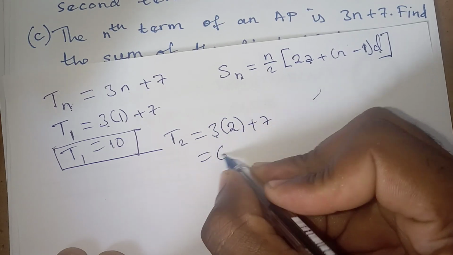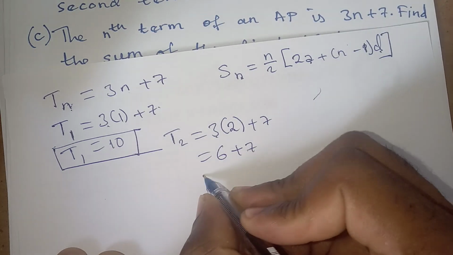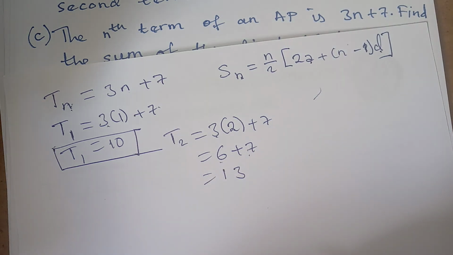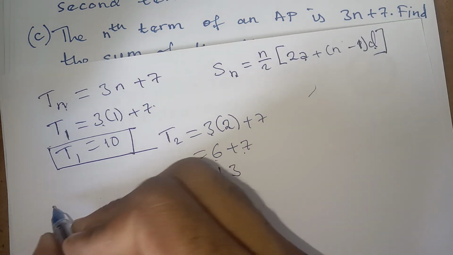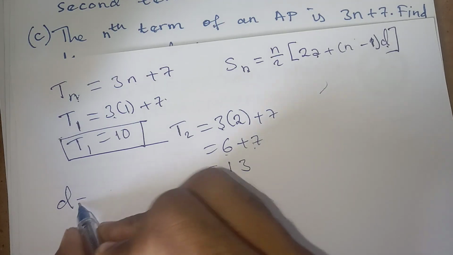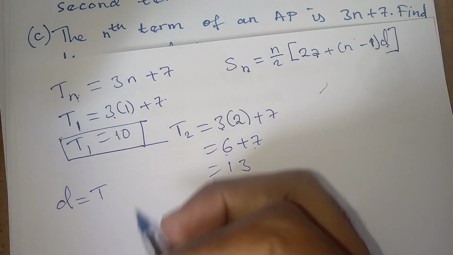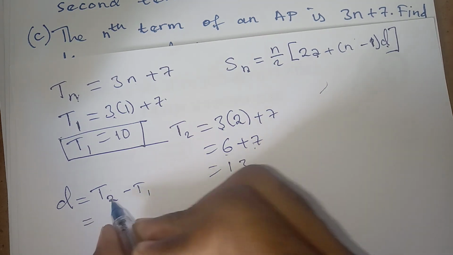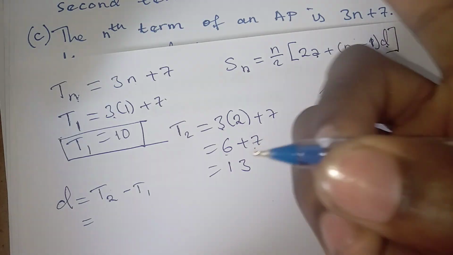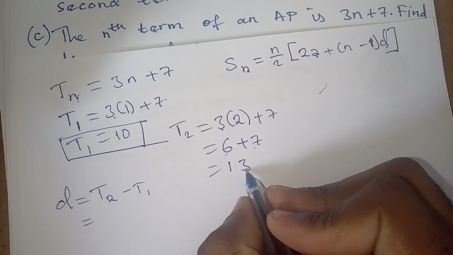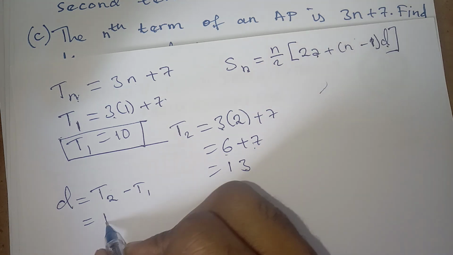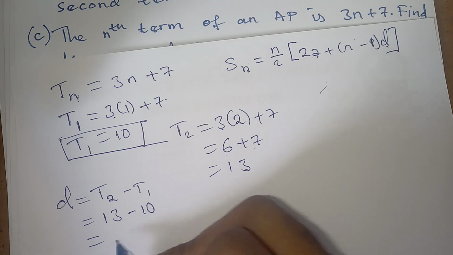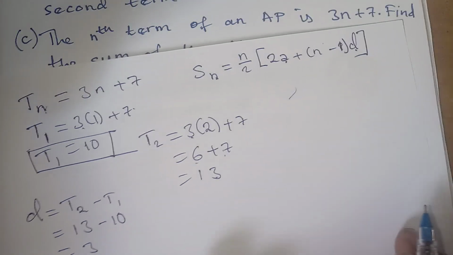So this times this will be 6, then plus 7, that will be 13. Now to find the common difference, remember this is the difference between two consecutive terms. Of course, you have to start with the next term, not the first, in this case the second term. So you have 13 minus 10, which is 3.